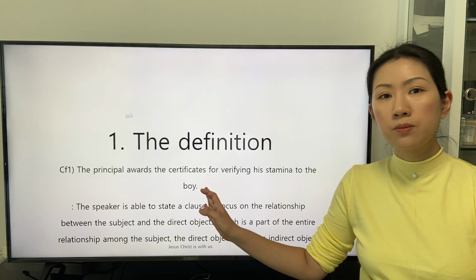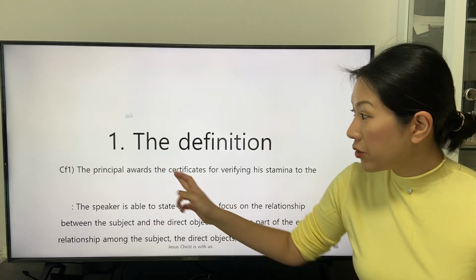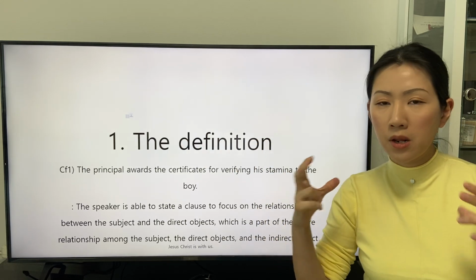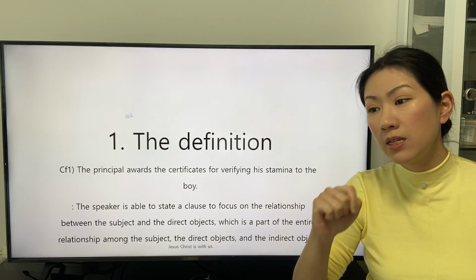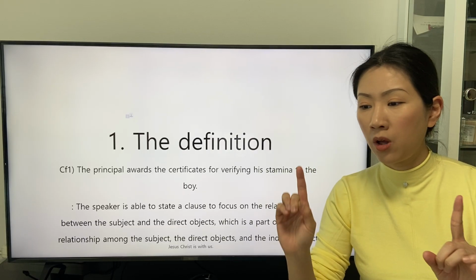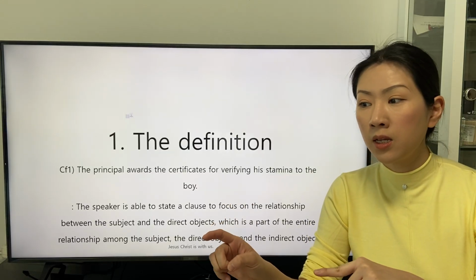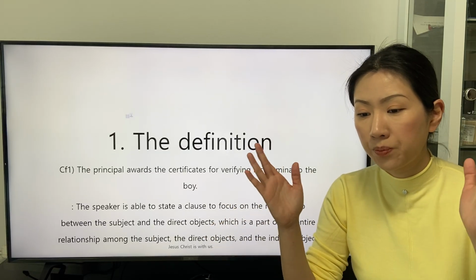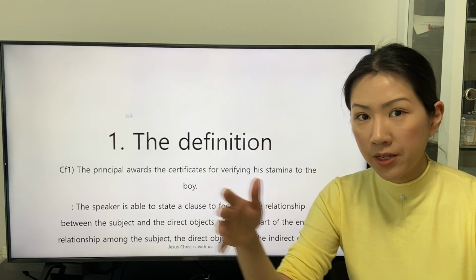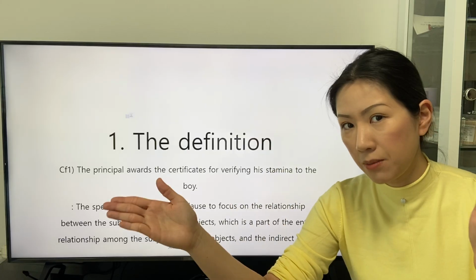In this conference, we can understand that the same transitive verb awards can be applied in the clause stated in the third type of clause. This means that the speaker can state a clause with the same transitive verb in the various range of statement.